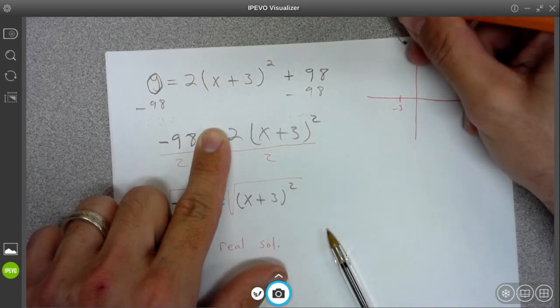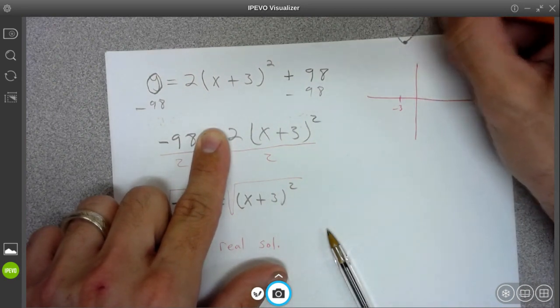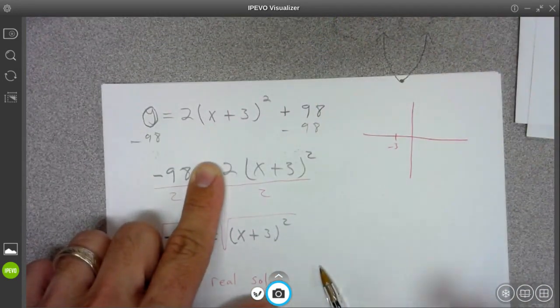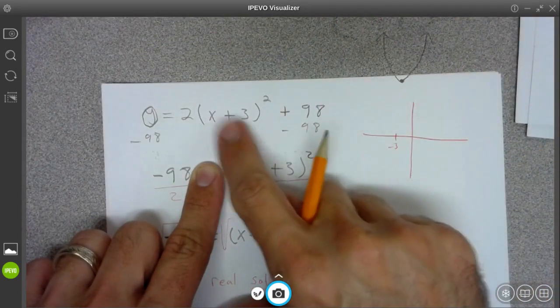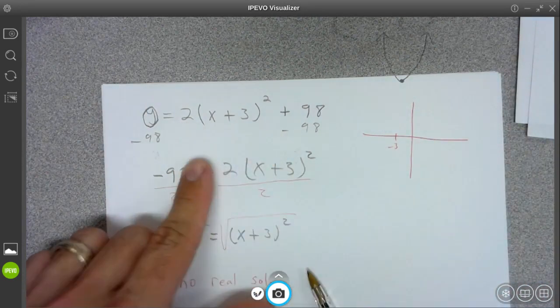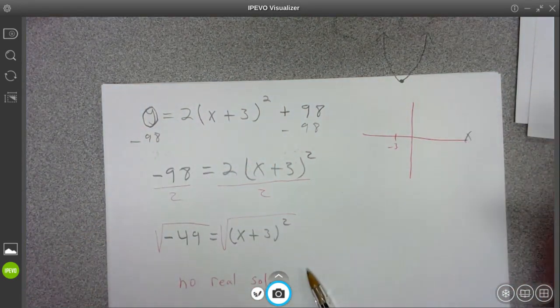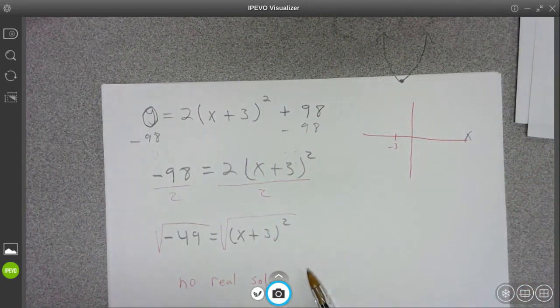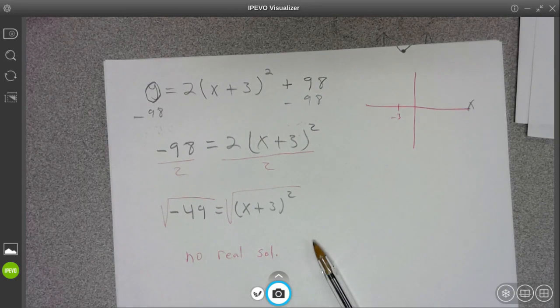So it's going to look something like this. So 3 left and 98 up, and it's opening up. And you can see it never crosses the x-axis. It never will. So that is why this has no real solutions.